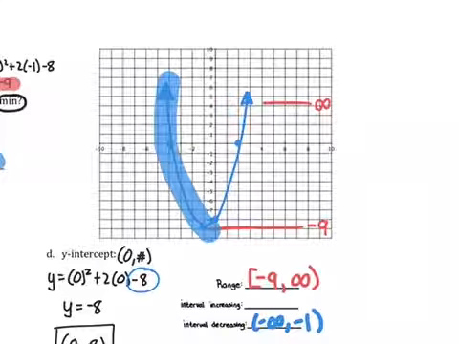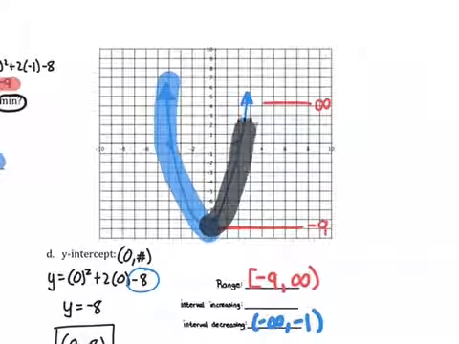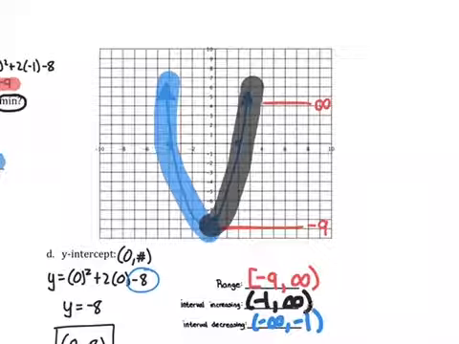So then if I continue my cursor, remember I'm reading left to right, so I want to pick up where I left off and keep following. Oh, we notice I'm increasing. I was increasing from the x value of my vertex until infinity. So I'm going to write negative 1 to infinity. You just have to be careful with that.